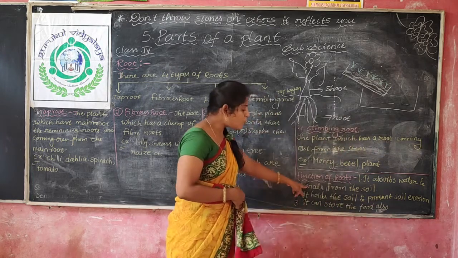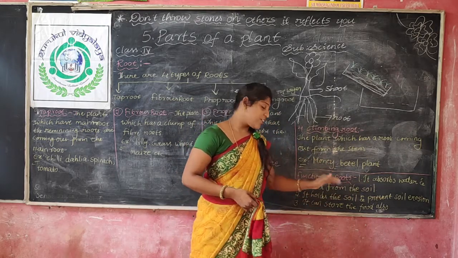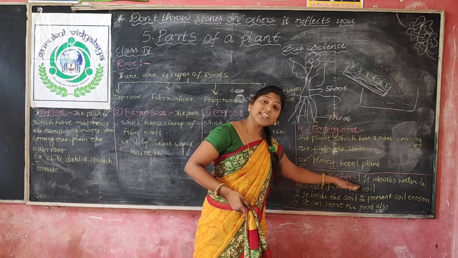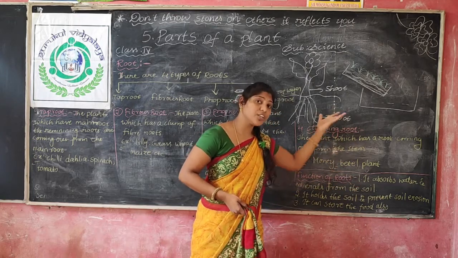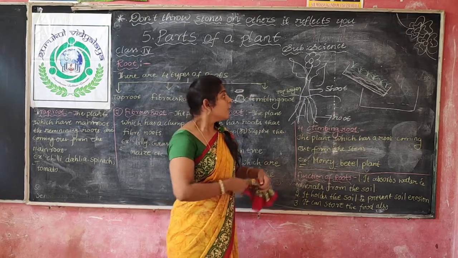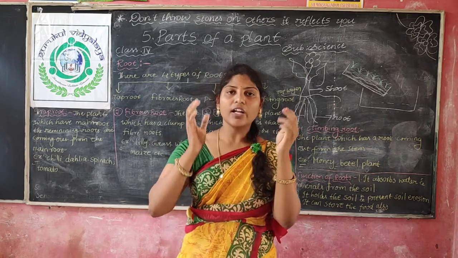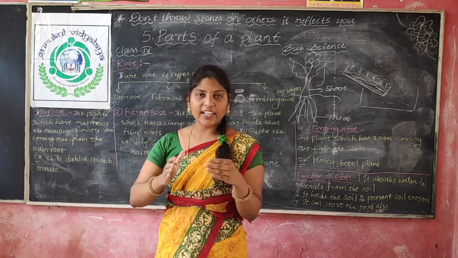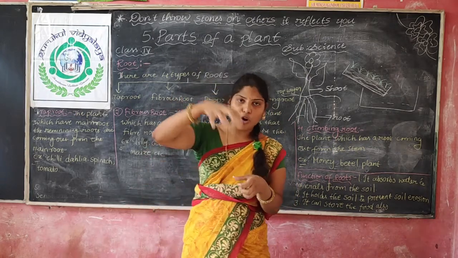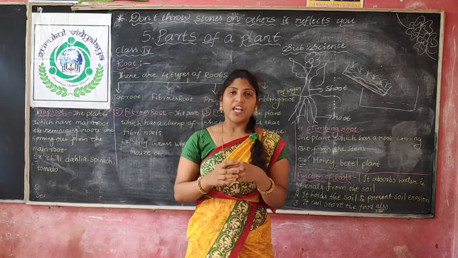If you have a doubt whether the root really absorbs the water and minerals, whether the soil really gives the minerals and water to the root, you can do a small activity. Take one bowl, or any plastic bottle. Put some soil in it and plant a plant.